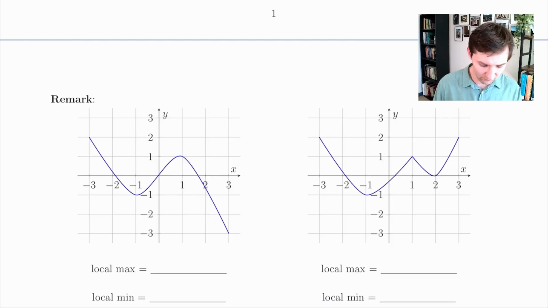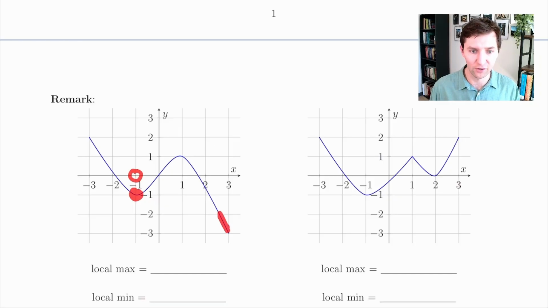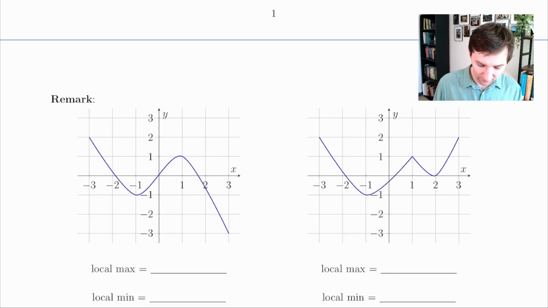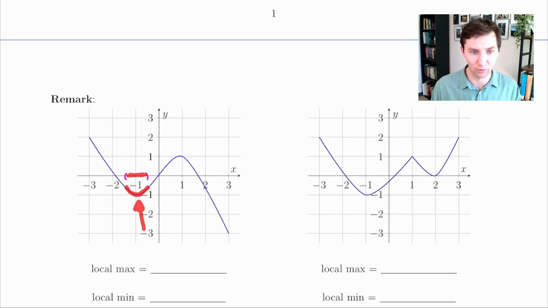For example, if you take a look at the first graph, focus on x equal to -1. The point on the graph of the function corresponding to x equal to -1 is not the absolute minimum, because there are points on the graph that are lower. However, if I look only at points near -1, meaning I only look at a small piece of the function, that point will be the lowest on that small piece.